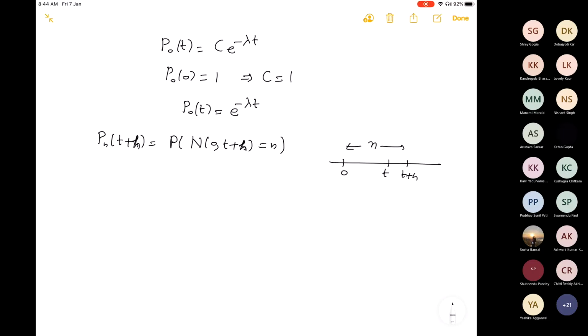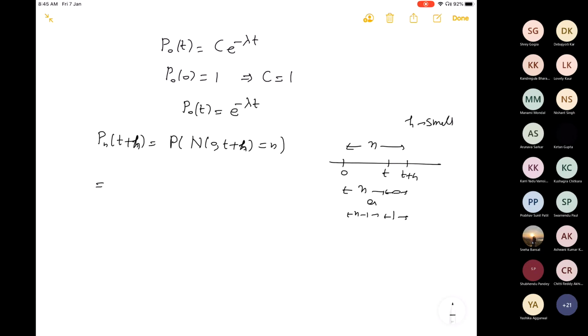So n can occur here and 0 can occur here, or n minus 1 can occur here and 1 can occur here. Because in an interval of length h, where h is small, either 0 or 1 event can occur.